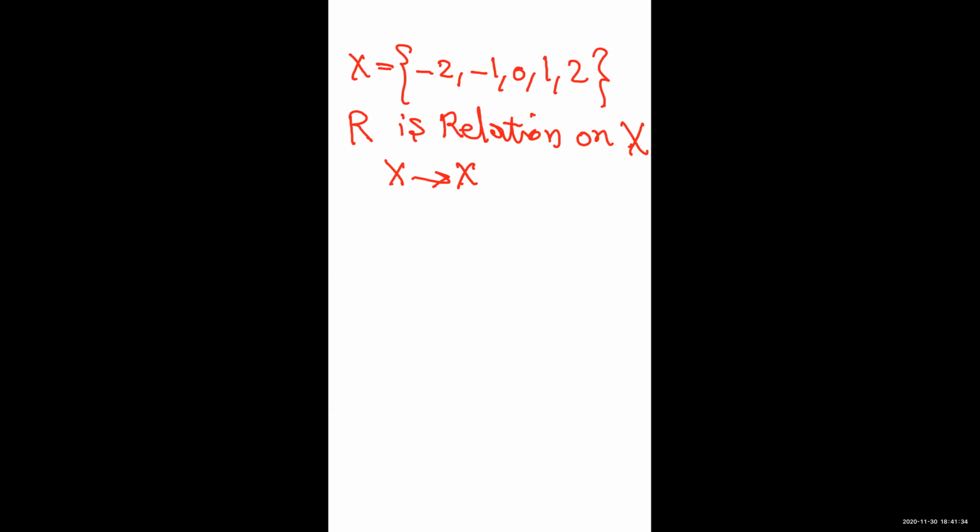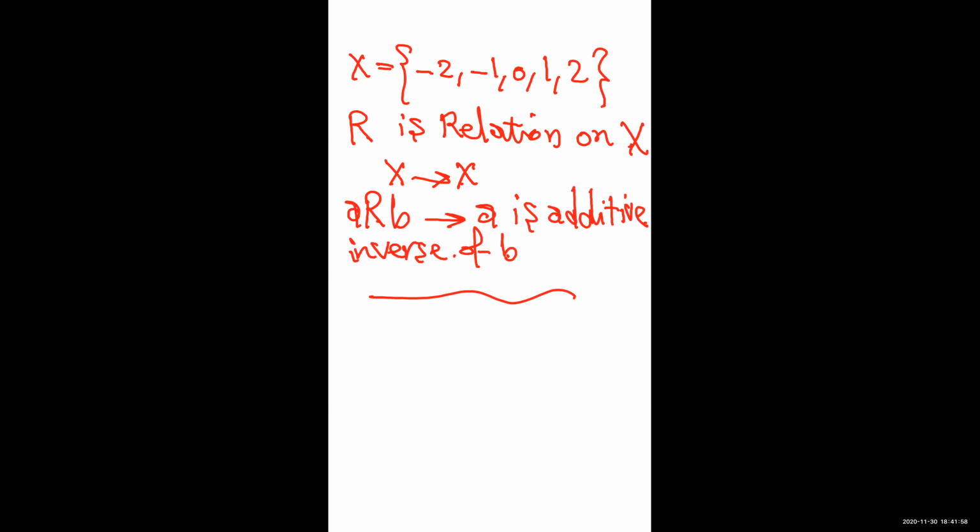Then the relation here, A R B, means A is the additive inverse of B. Then state the relation and represent it by arrow diagram or Cartesian diagram like this.